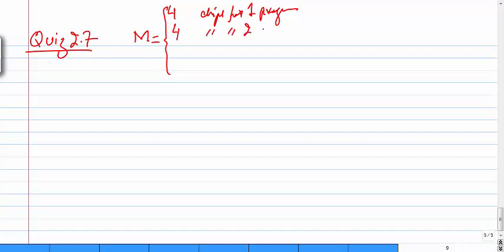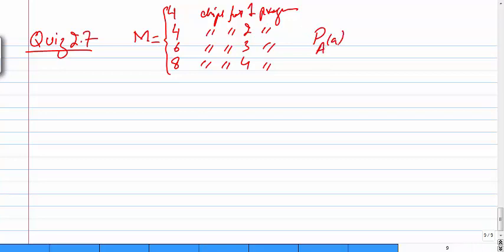The number of chips is described by M. For example, we have 4 chips for 1 program, 4 chips for 2 programs, 6 chips for 3 programs, and 8 chips for 4 programs.